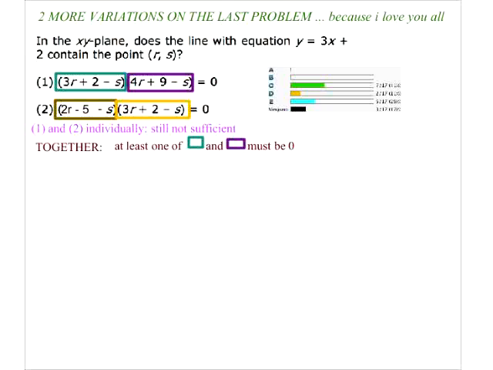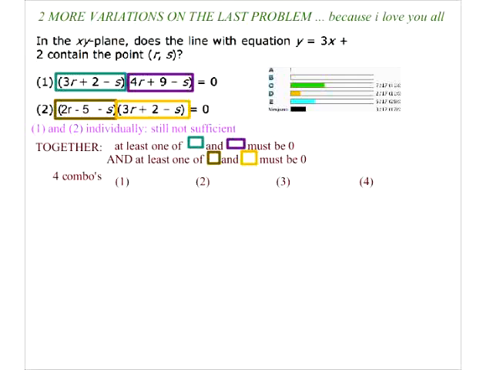So let's see how that works. Let's see how that changes things. Okay, so there are 4 ways in which this could happen. There are 4 combinations of this, so let's list those and see what happens.